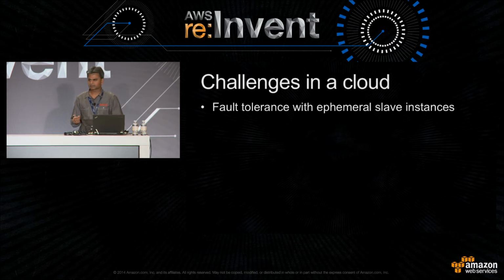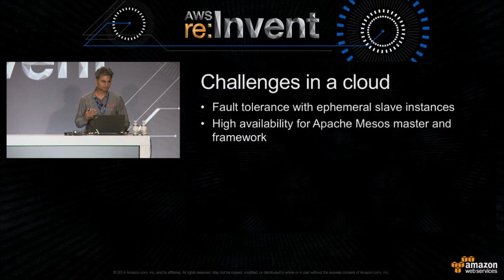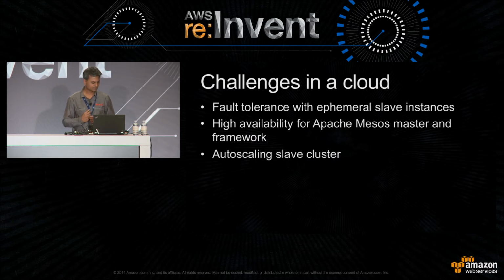So generally, in a cloud, most of you are familiar with this, the slave instances can be ephemeral. They're here, they may be gone, and then you don't get the same slaves back. So you need to be fault tolerant as far as handling the tasks that were running there. High availability is important. We're going to talk about how that can be achieved.